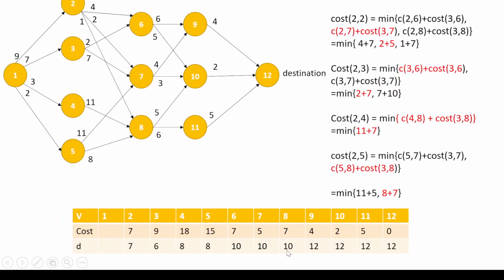Similarly, we'll go for the previous stage, that is the second stage. Second stage, we have 4 vertices, 2, 3, 4 and 5. So we need to find cost of 2, 2. There are 3 edges coming out of this. So we need to find minimum of that.